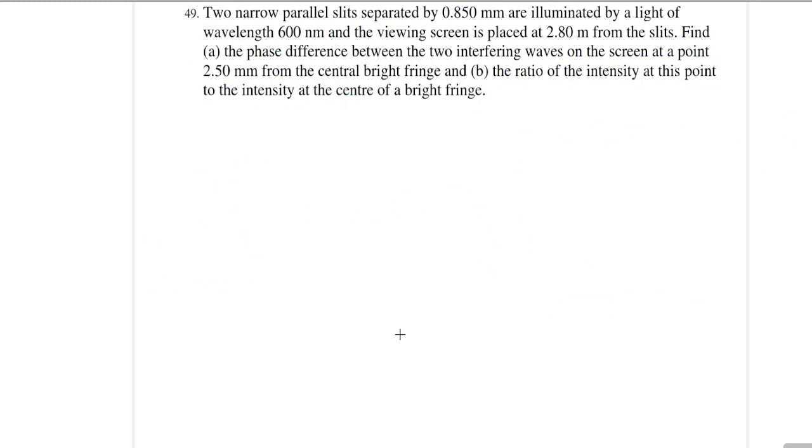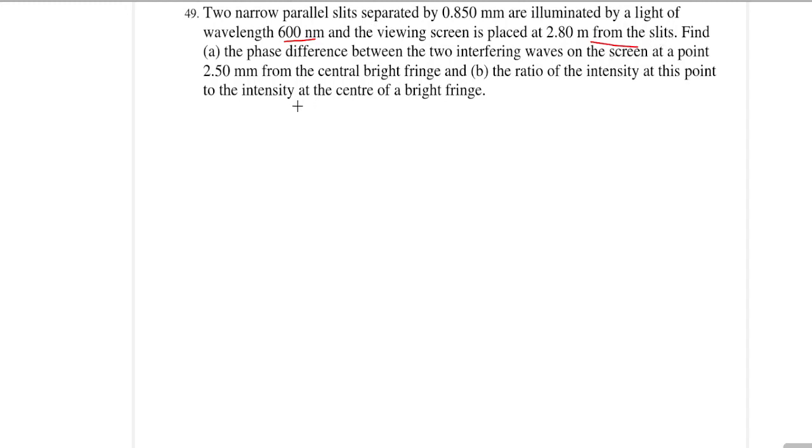Question 49 is quite lengthy. The question says: two narrow parallel slits separated by 0.850 millimeter are illuminated by light of wavelength 600 nanometer, and the viewing screen is placed at 2.80 meter from the slits.